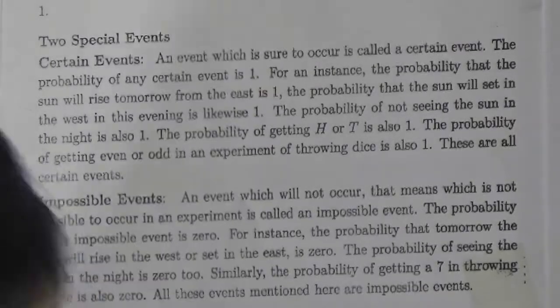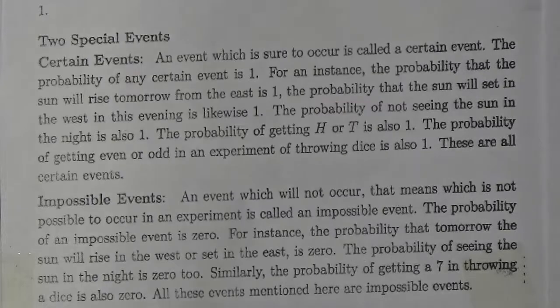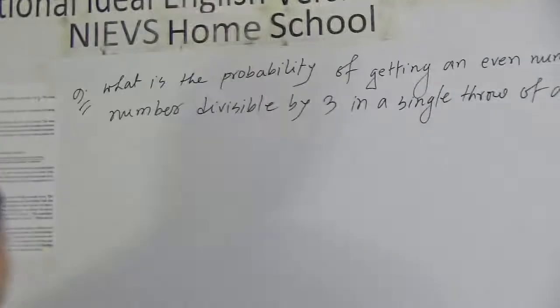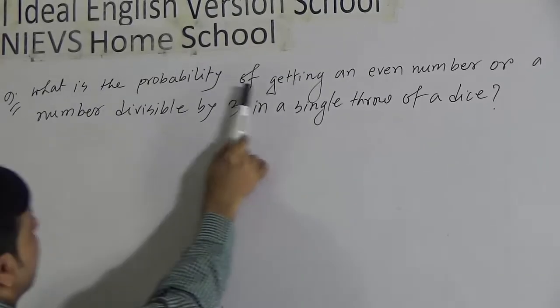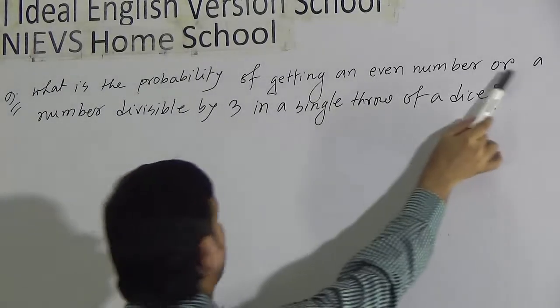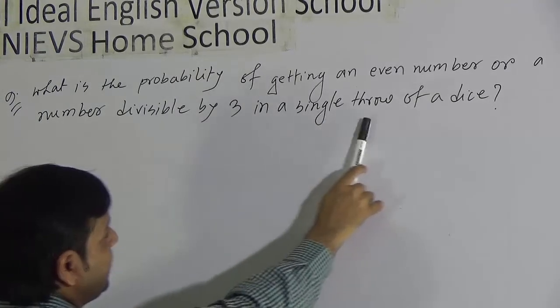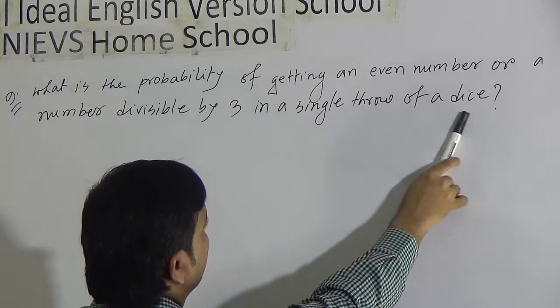Okay, dear students, I have completed the basic discussion of this chapter, and now I will solve question 9. Read question 9. What is the probability of getting an even number or a number divisible by 3 in a single throw of a dice?